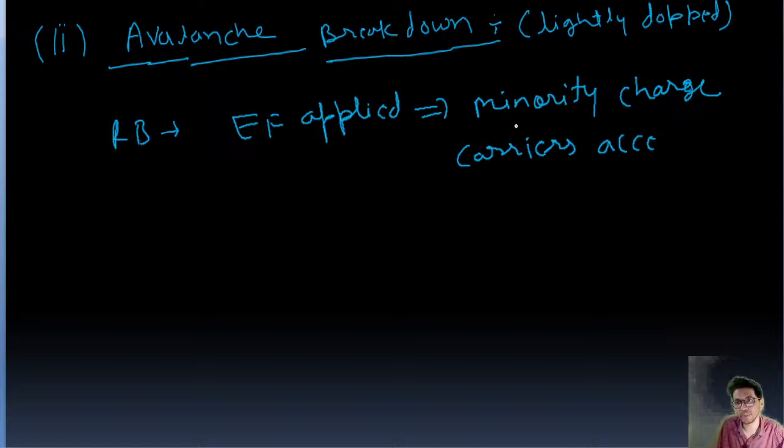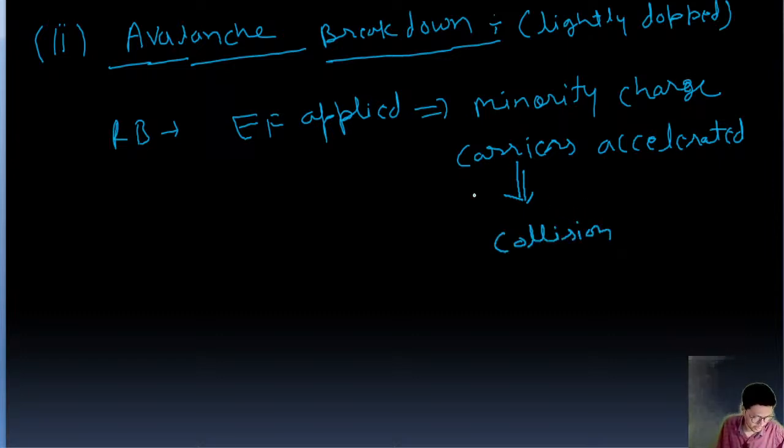In reverse bias there would be minority charge carriers, so these charge carriers get accelerated, and because they get accelerated there would be collisions among them, right? And collision means in the depletion region electron hole pairs will generate.